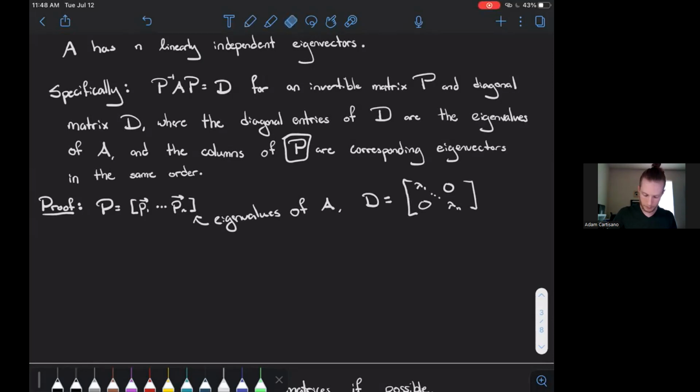Okay, sorry. I almost cheated. These are columns of P. Just columns of P.